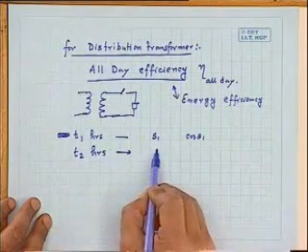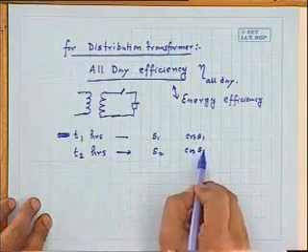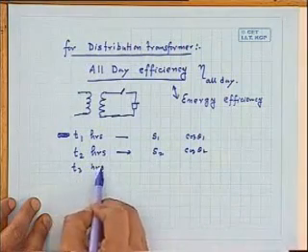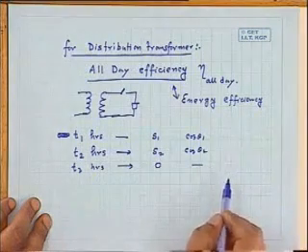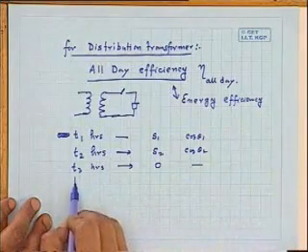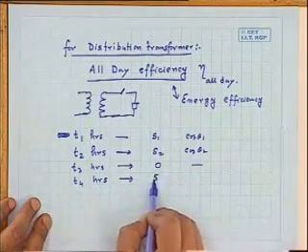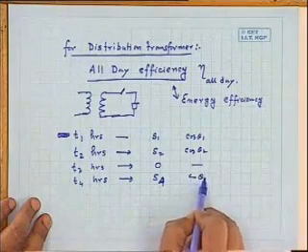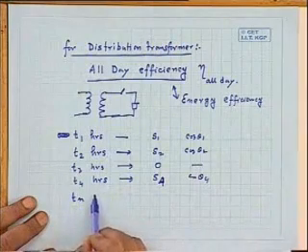Then in the next T2 hours, suppose the loading is S2 at power factor cosine theta 2. For the next T3 hours, there is virtually no load on the secondary, power factor meaningless. In this way, I can make a complete chart. Say S4 cosine theta 4, like this.